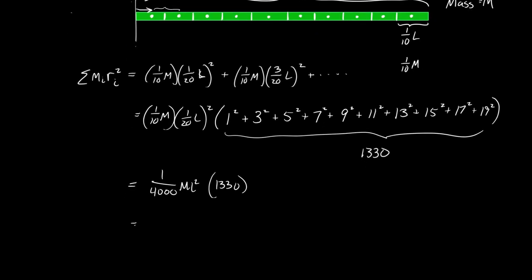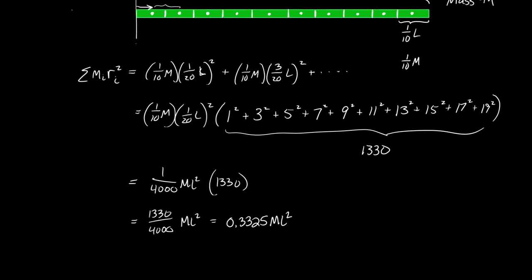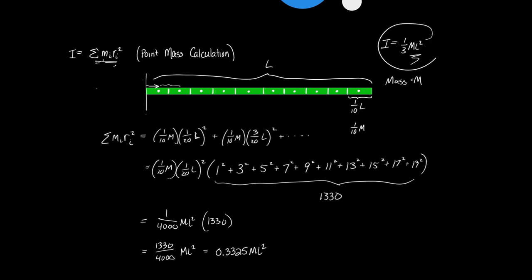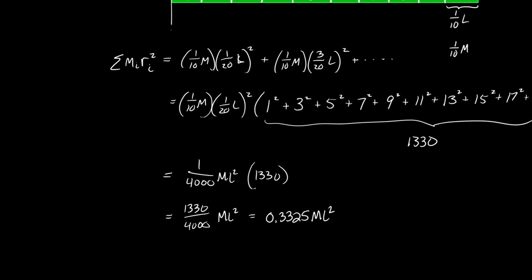By the way, what is 1330 divided by 4,000? 0.3325 ml squared. Considering we're supposed to be comparing this with a third, our estimate comes out to be pretty close to what a third would be, right?